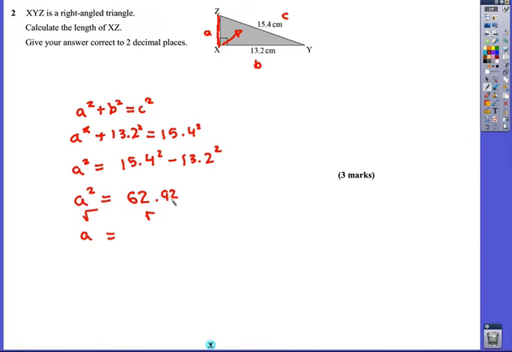The square root of 62.92 is 7.93 to 2 decimal places. Don't forget your units, centimeters, so A is 7.93 cm. Just do a quick check. Is it the shortest side? Yes, it is. Make sure it's not bigger than the hypotenuse. If it's bigger than the hypotenuse, you've made a silly mistake somewhere in your calculation.